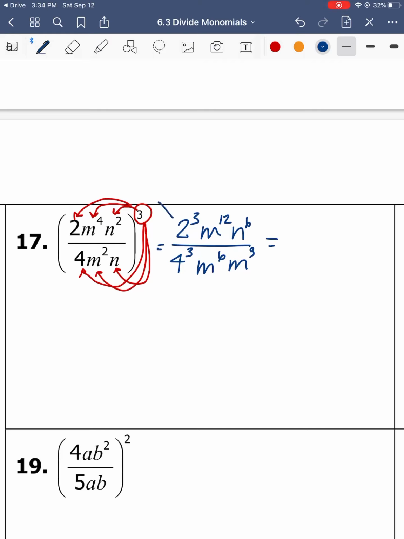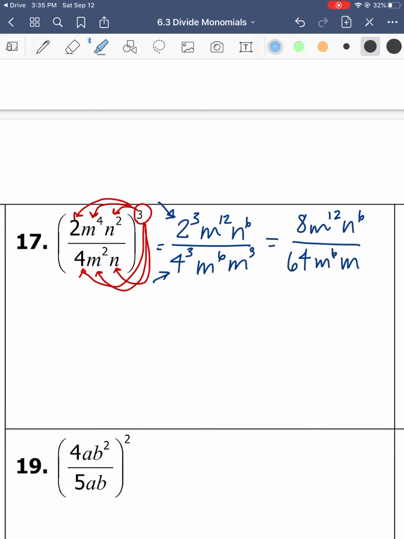Good. Let's just calculate these coefficients here that have been cubed. 2 cubed is 8. And then we keep m to the 12th, n to the 6th. And then denominator 4 cubed is 64. And then we have m to the 6th.